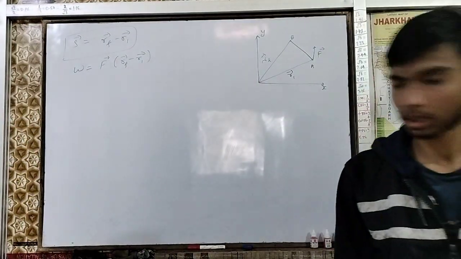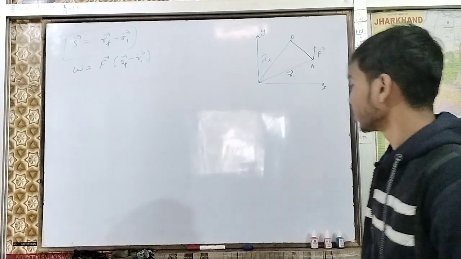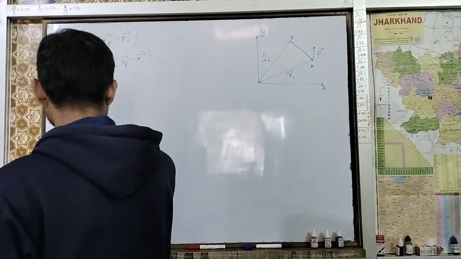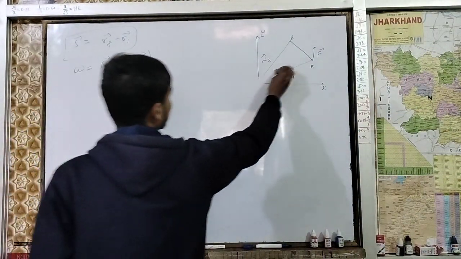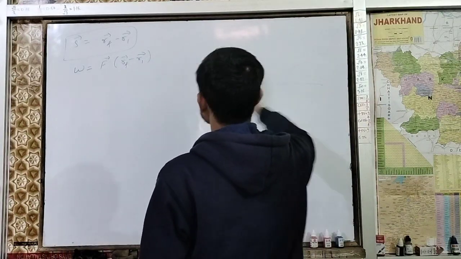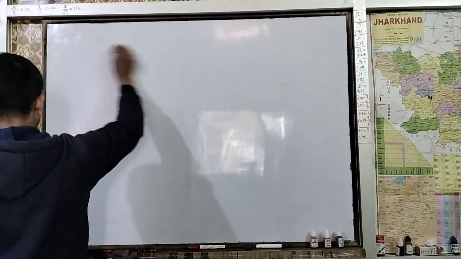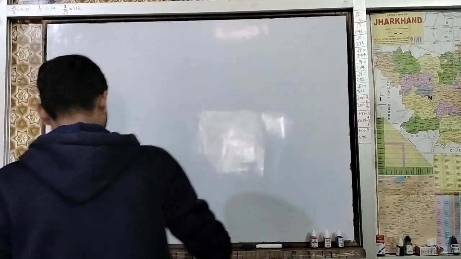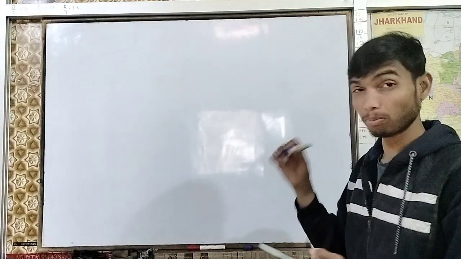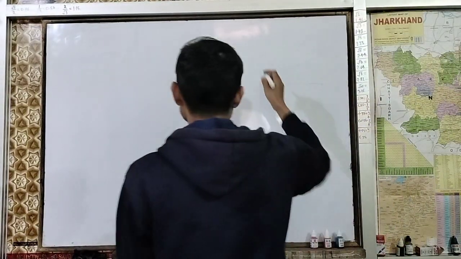Clear? Now next we have the pendulum. Let me erase this part. Pendulum: work done in pulling the bob. First of all, let me draw a figure.